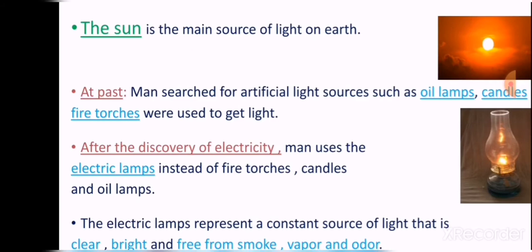But after the discovery of electricity, man uses the electric lamps instead of the fire torches, candles, and oil lamps.